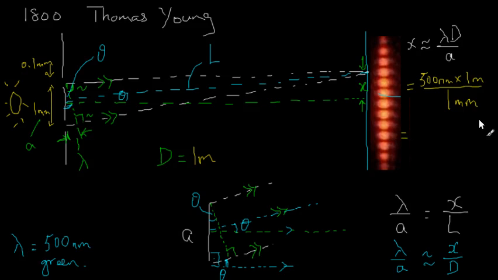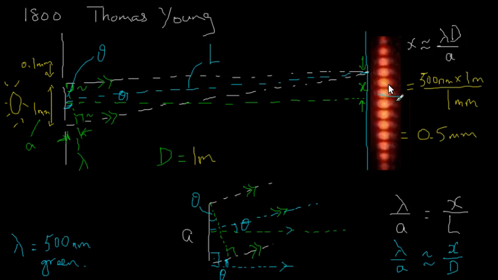Now milli is 10 to the minus 3, nano is 10 to the minus 9. So just put in those two factors and we'll find an answer that is 0.5 millimeter.